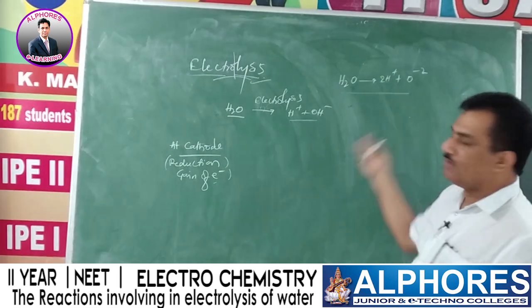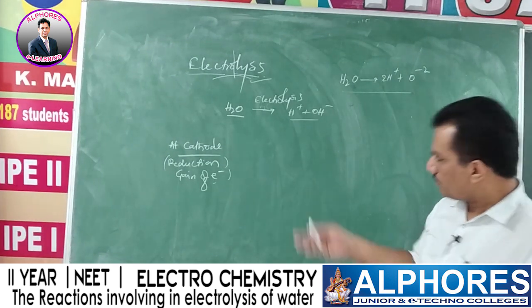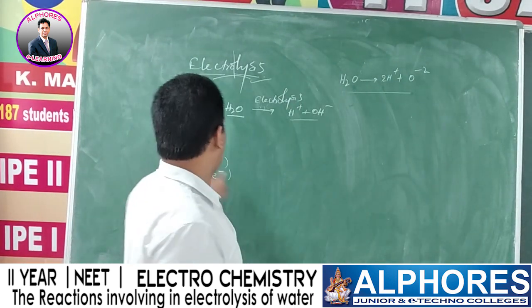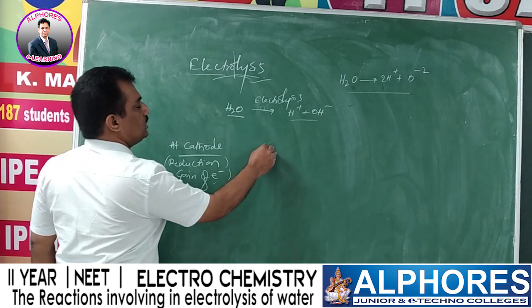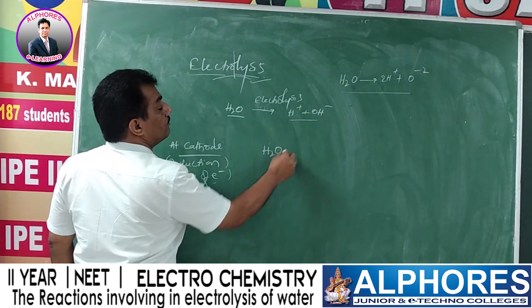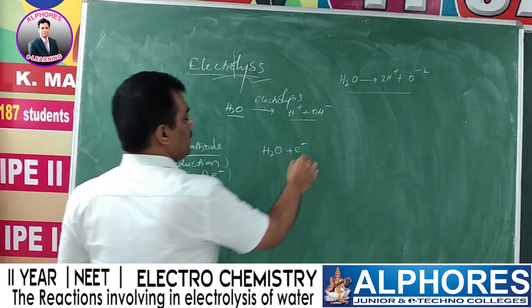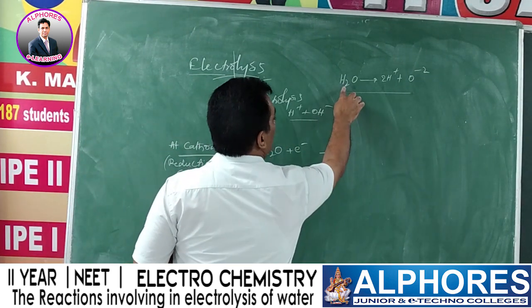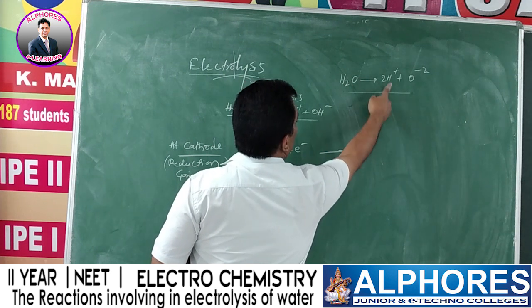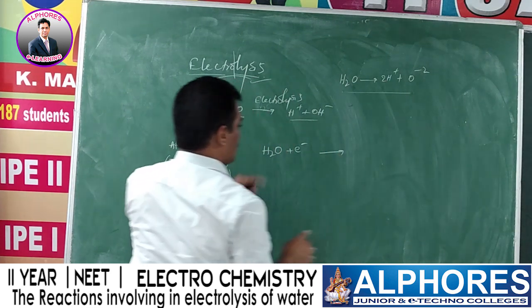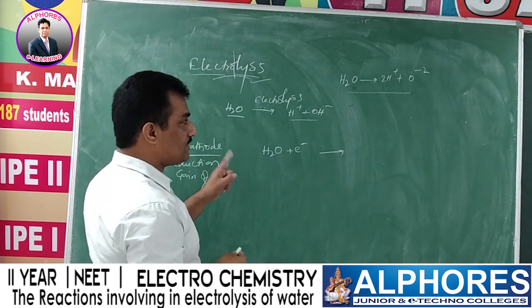Here there is a cation and an anion, and this cation will go towards the cathode and this anion will go towards the anode. In this reduction, that is at the cathode, H2O will get the electrons. Where will these electrons go?